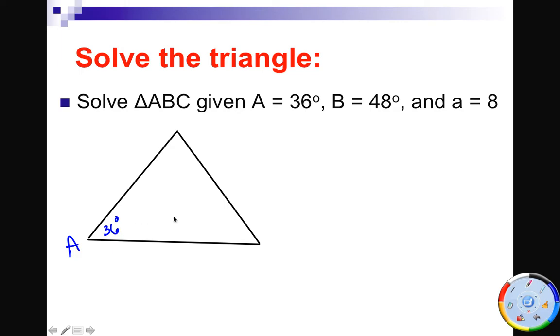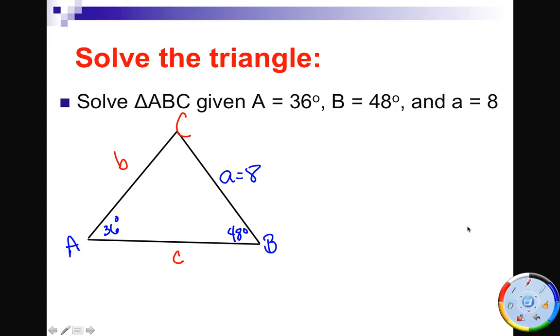So here's angle A. That means little a is across from this. And it tells me B is 48 degrees. So now our goal is to figure out what is big C, what is little c, and what is little b.